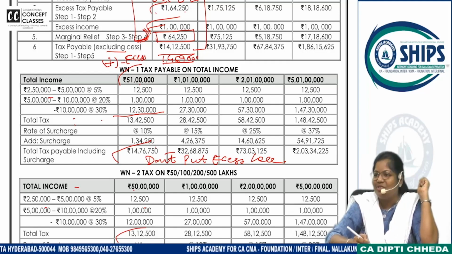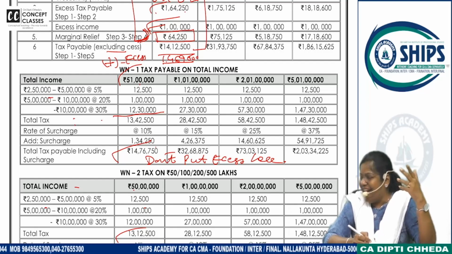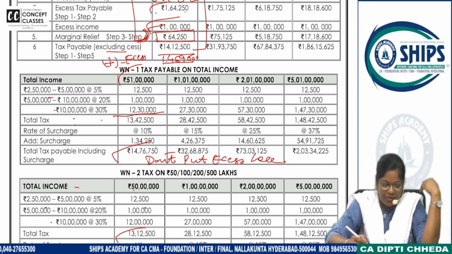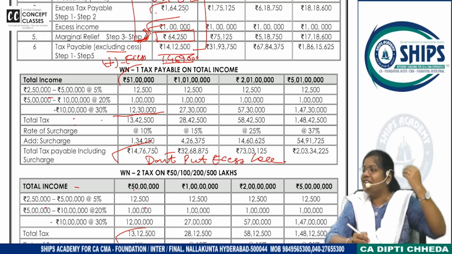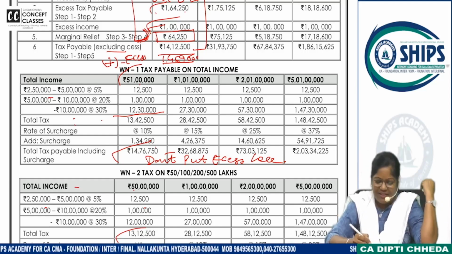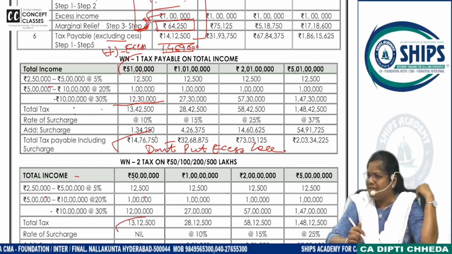Appreciate it. That shows that you trust this path of teaching and you trust us also. And then we are ready to give more and more. So 1,48,42,500 is the tax. On that, I will take surcharge 37% because the income has crossed 5 crores. So my tax plus surcharge is 2 crore and 3 lakhs change.